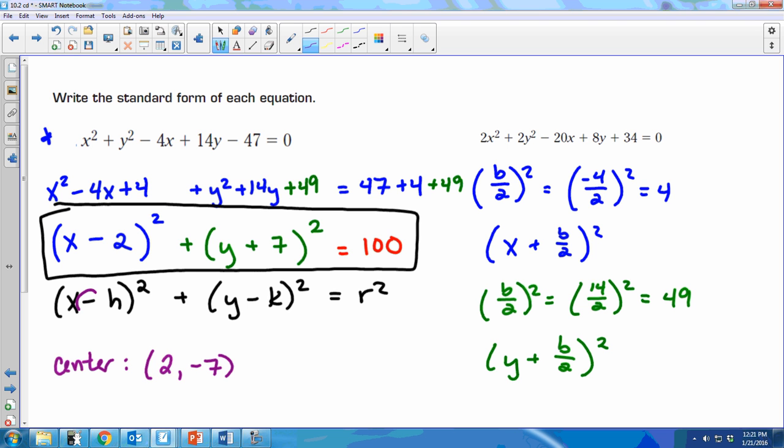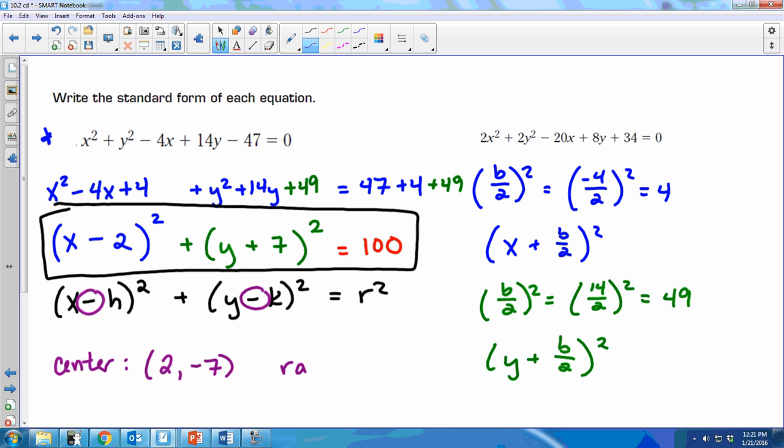The original equation has a minus sign in both of the binomials, right? So if I have x minus 2 and I have x minus h, then h is just 2, positive 2. If I have y minus k and I have y plus 7, then it must have been minus a -7. So k was -7. Everyone sees how I got the center from that.